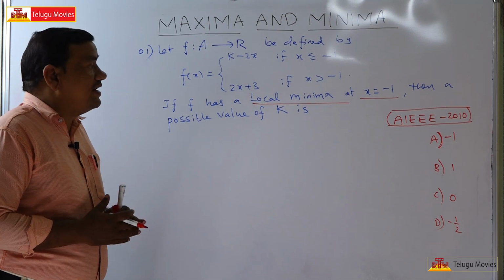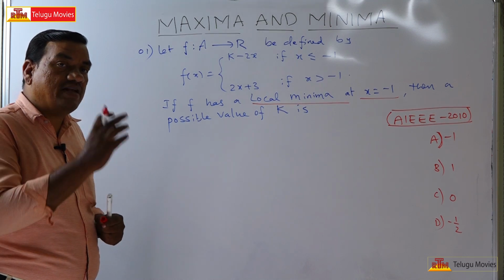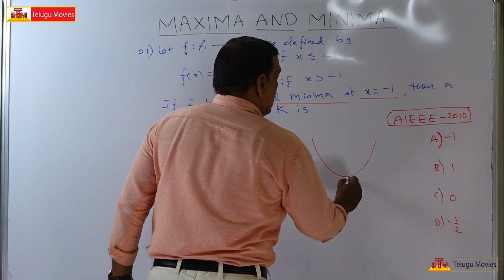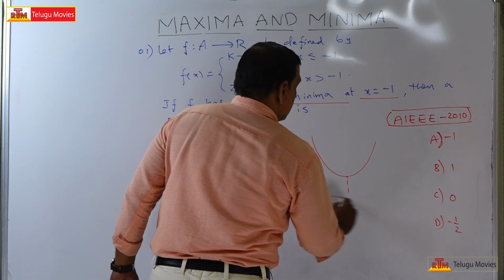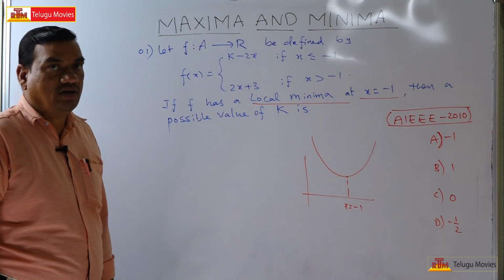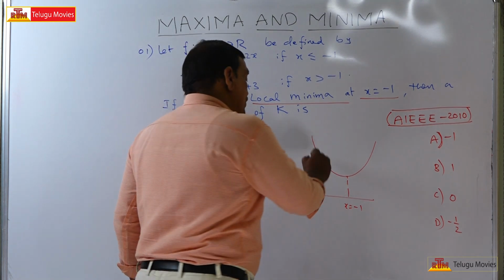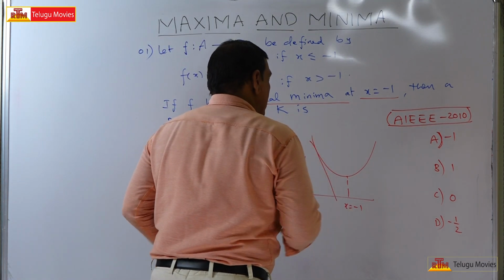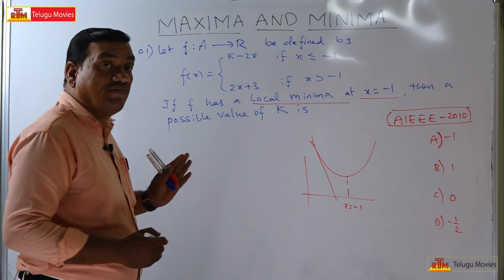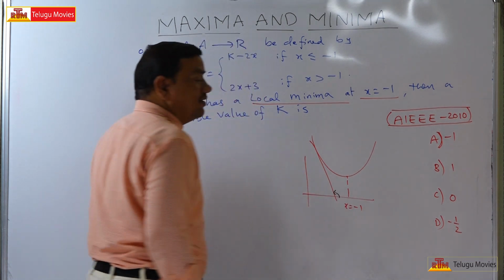Whenever local minima or local maxima is given, you should immediately know the basic concept. This is local minima at x equal to minus 1. Whenever it has local minima, if you draw a tangent to the left of minus 1, it will make an obtuse angle.